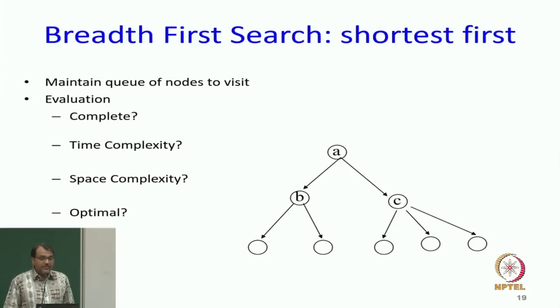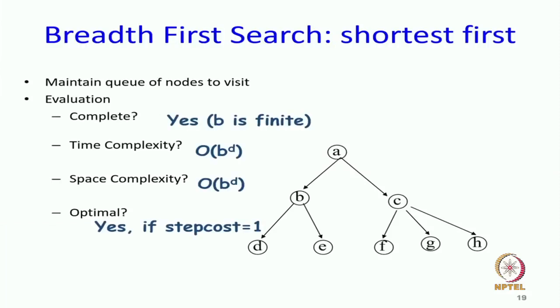On the other hand, for breadth first search, we found time complexity and space complexity both to be b to the power d, where d is the depth at which the first goal is going to be found, right. And we also studied uniform cost search, and there was a slight confusion last time.